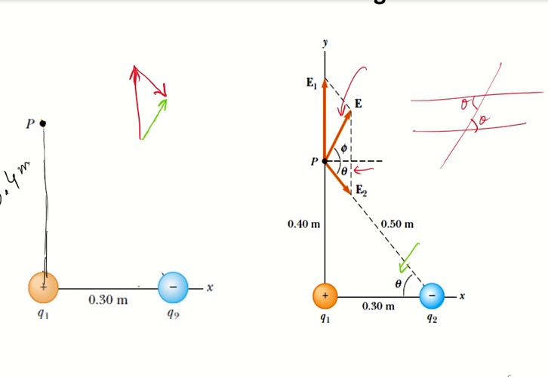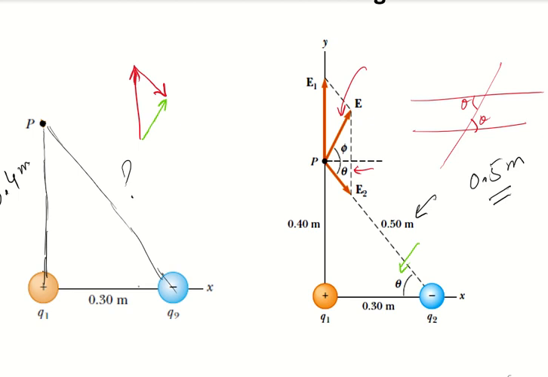Then it would be easy for us to determine this length by the Pythagoras theorem. You use r squared equals x squared plus y squared, take the square root, and then you will get this. So this is now 0.5 meters. That is also easy for you.